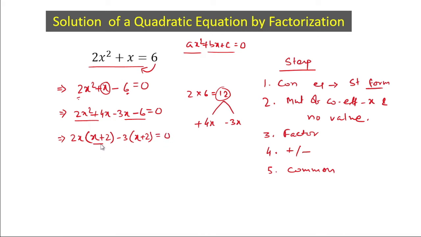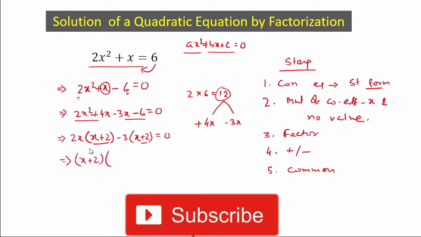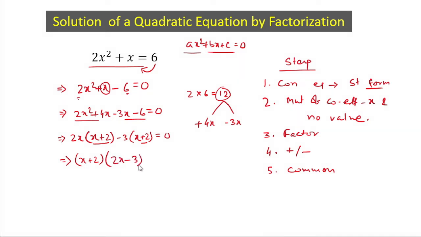Now we will take x plus 2 as one bracket, and in the next bracket it will be 2x minus 3 is equal to 0.